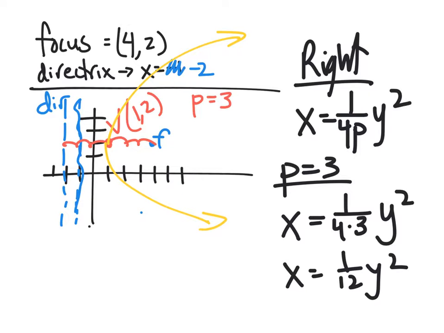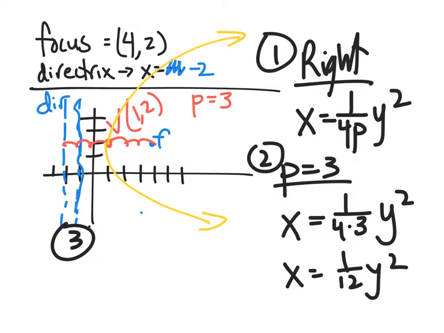So this was our first step, this was our second step, and our third piece of information is the fact that the vertex is now at (1, 2), meaning from 0, the vertex has been shifted right by 1 and up by 2. So the x-coordinate has been affected by being shifted to the right by 1.